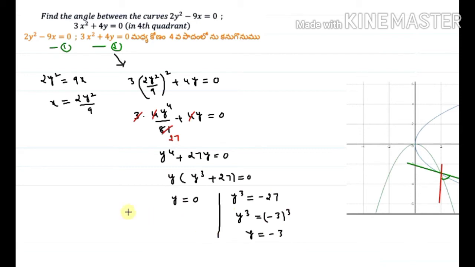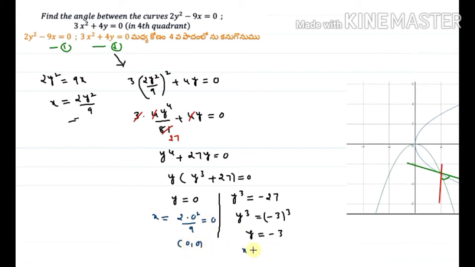Now substitute the y values in this equation. In the first case, x is equal to 2 into y square, 0 square, by 9, that is 0. So one coordinate is 0 comma 0.